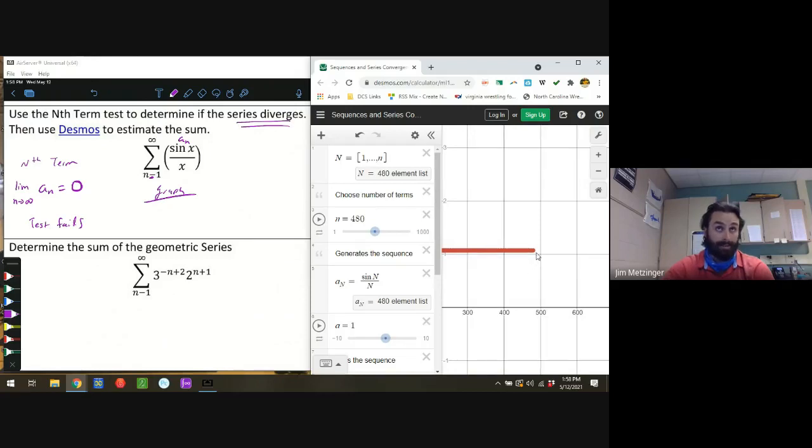Do we say it converges? Yeah, we say it converges. So according to the graph, we see it converges, and it's converging to a sum. We'll say approximately, let's go 1.073.